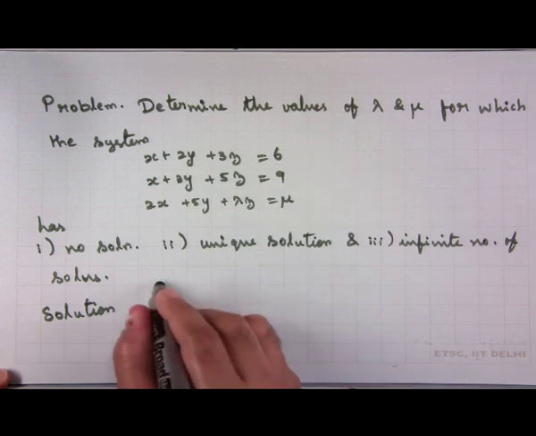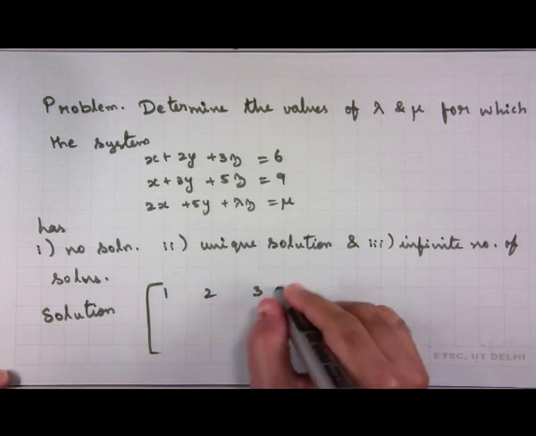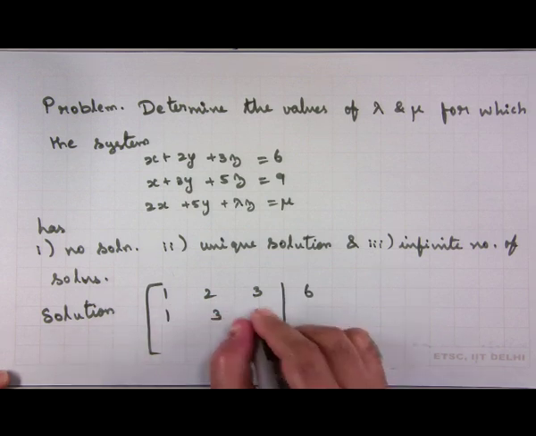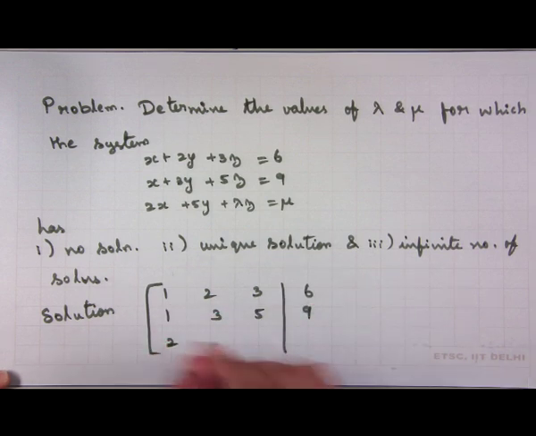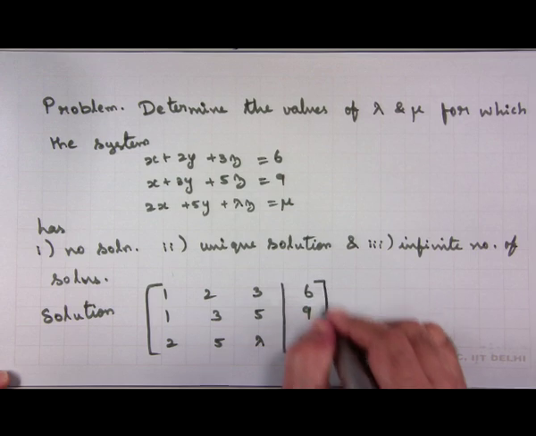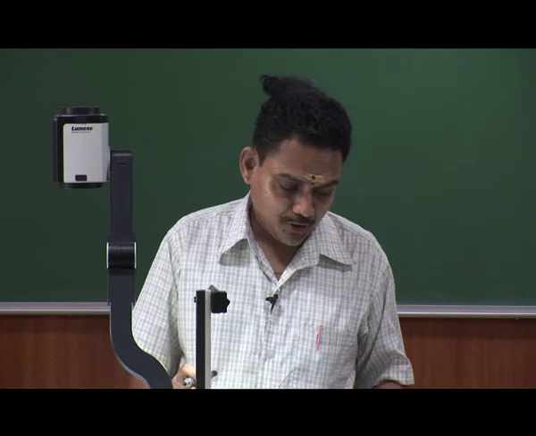Let us try to write the augmented matrix: 1, 2, 3, 6; 1, 3, 5, 9; 2, 5, lambda, mu. This is the matrix. Let us do the following operations.